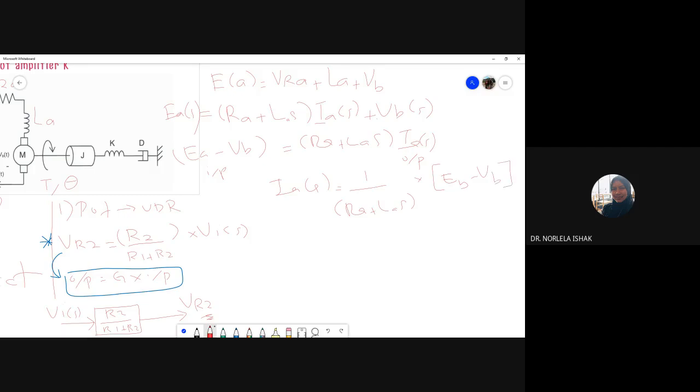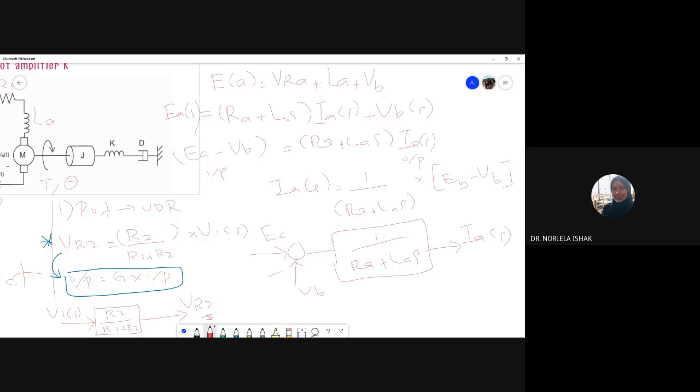Okay, and then from here, you draw the functional block diagram for this system. And this is the current. And what's this? This is your LS. And this is your EA and minus. And this is your VB.